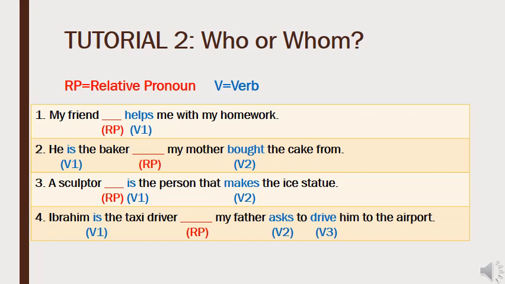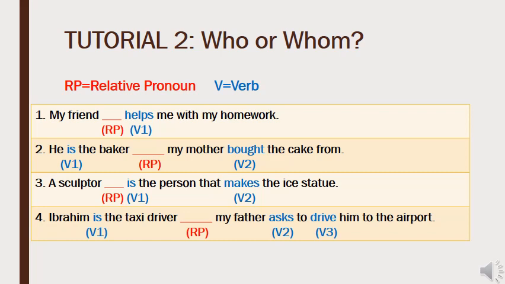Sentence number 3. A sculptor is the person that makes the ice statue. In this sentence, there are also 2 verbs. The first one is "is" and the second one is "makes". So, the relative pronoun comes before the first verb, which is in front of the verb. So, what is the relative pronoun that is suitable for this sentence?